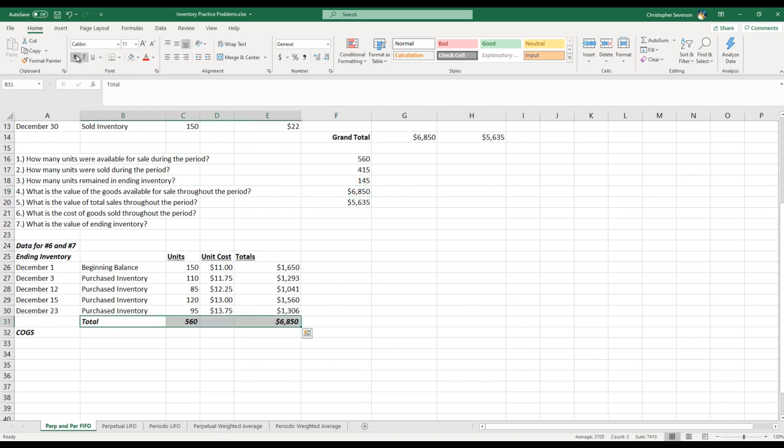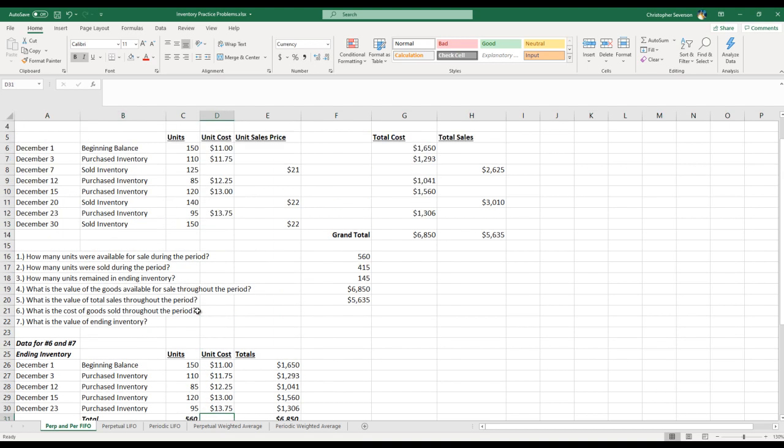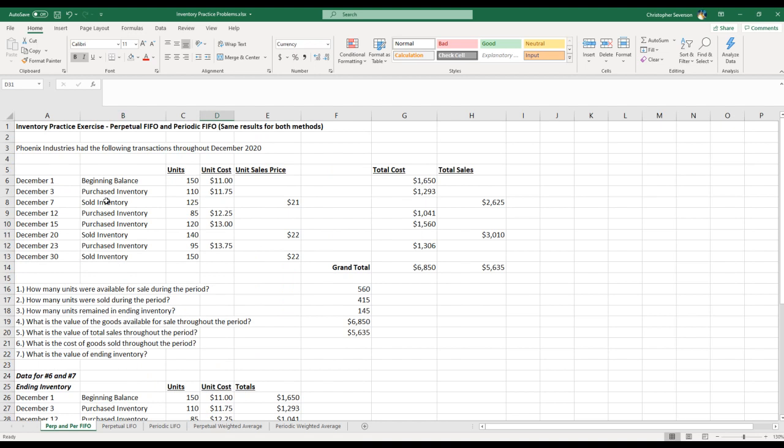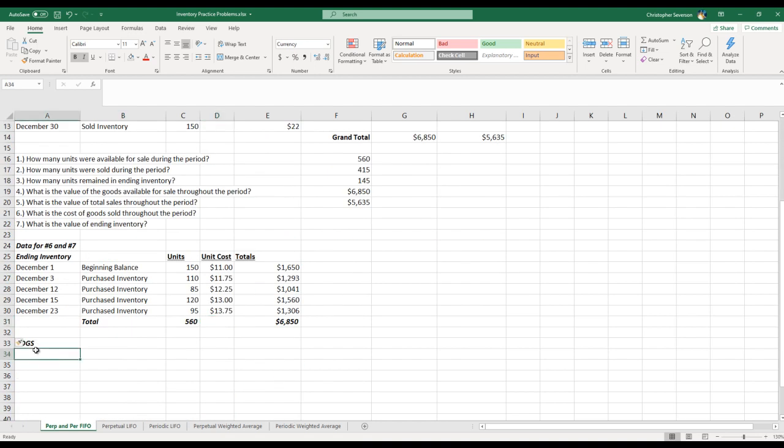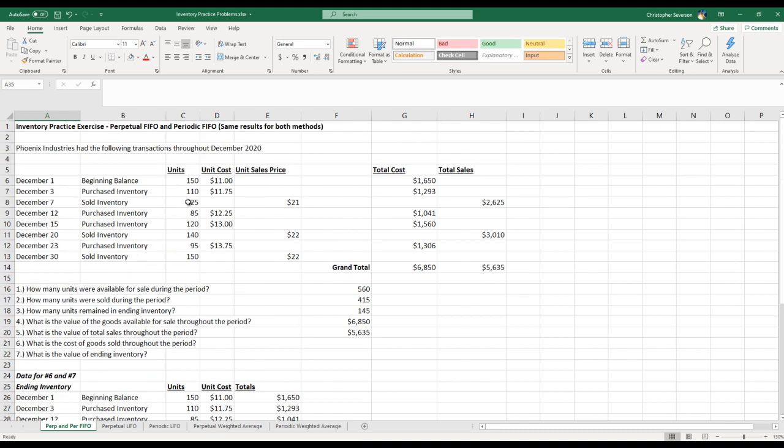That's what we start with, or that's what we have available. Now what we're going to be doing is eventually moving this inventory out to cost of goods sold. So what we're going to do here is take a look at each sale. On December 7th, we sold inventory. So we want to know, where do we get the December 7th sale? We know we need 125 units.